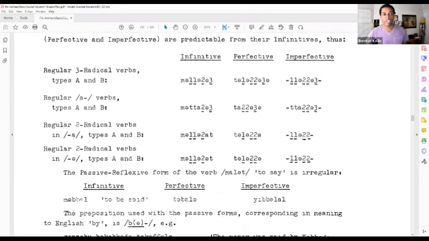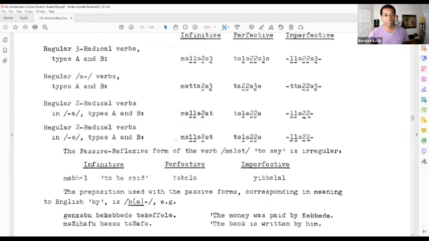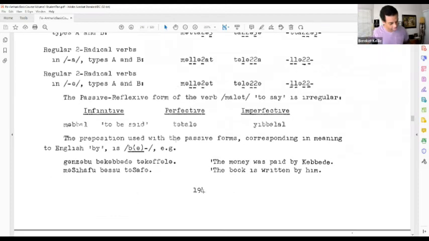And then this table here shows the vowel distributions on three radical verbs, type A and B, for these forms. And a special note here is, it reads a little bit better here.